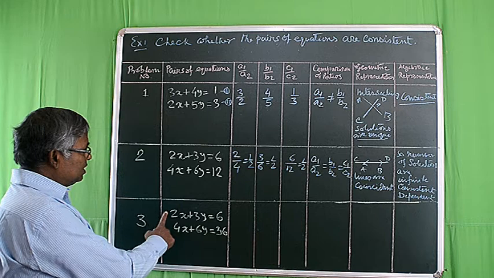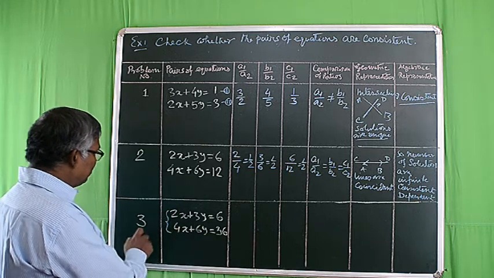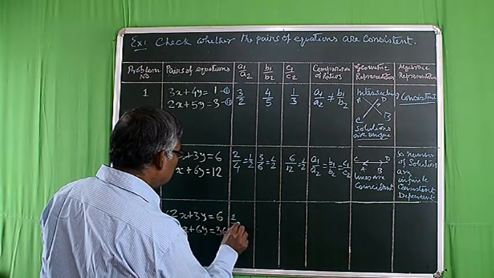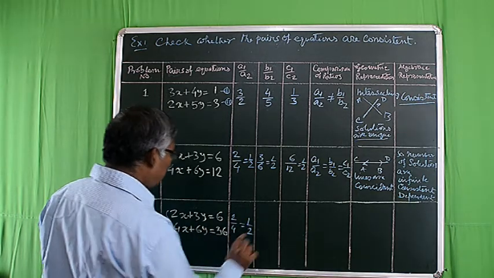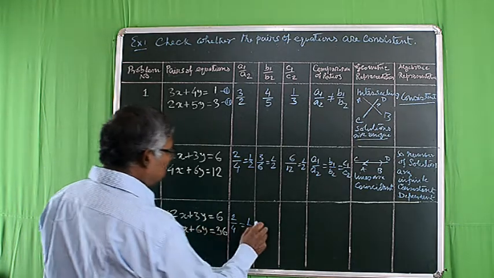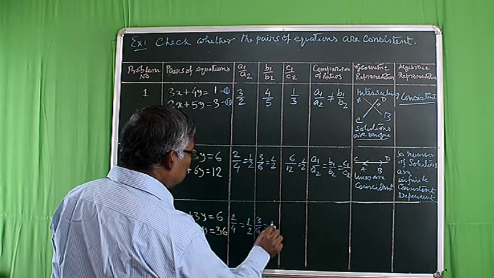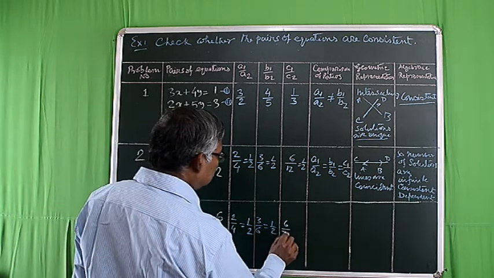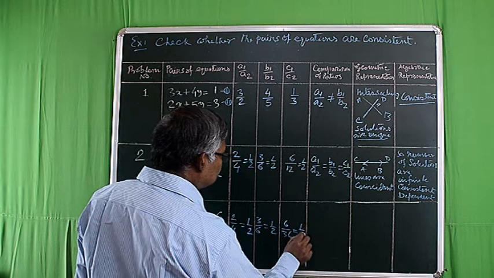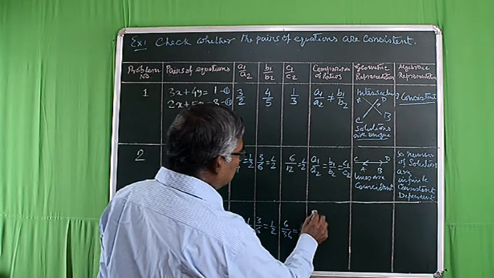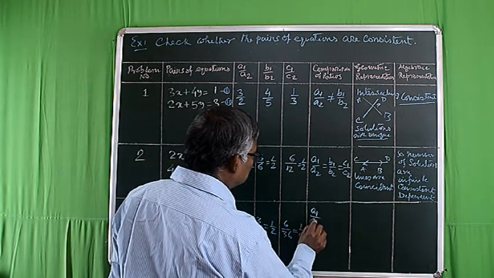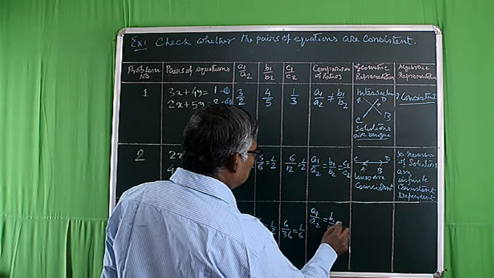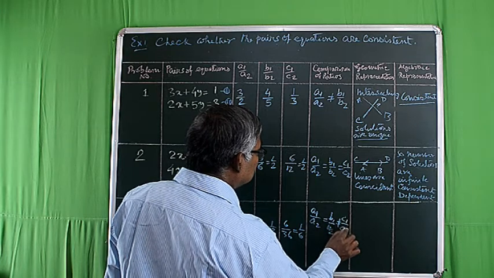Let us consider the pair of equations given in problem number 3. Here we see a1 by a2 equal to 2 by 4 equal to half, b1 by b2, that is 3 by 6 equal to half, and c1 by c2 equal to 6 by 36, that is 1 by 6. Therefore, we get a1 by a2 equal to b1 by b2 not equal to c1 by c2.